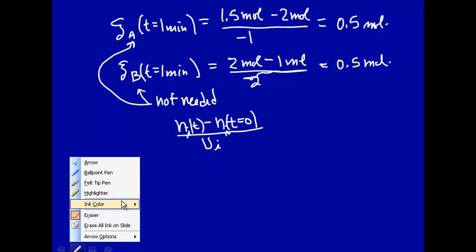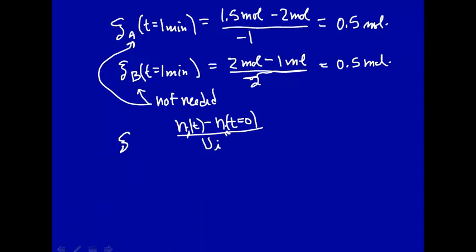Again, the extent of the reaction is measured at some particular time. Now, how the extent of the reaction changes as some function of time is independent of what you're measuring.